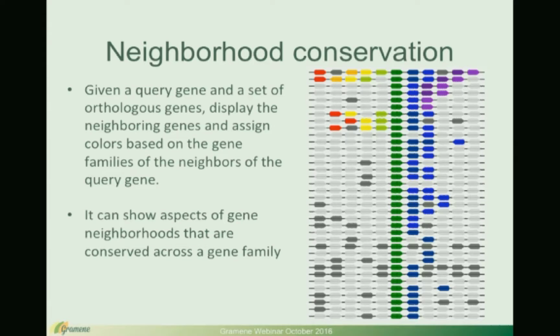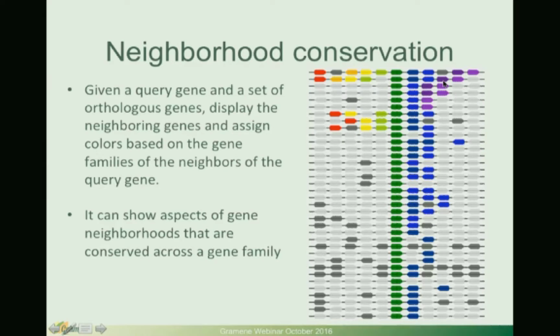And so what you see in the top row is a gene that was a query gene, and it appears in the center of this visualization. The orthologs of this gene are arranged below it, and you can see the gene neighborhood of each of those orthologs.